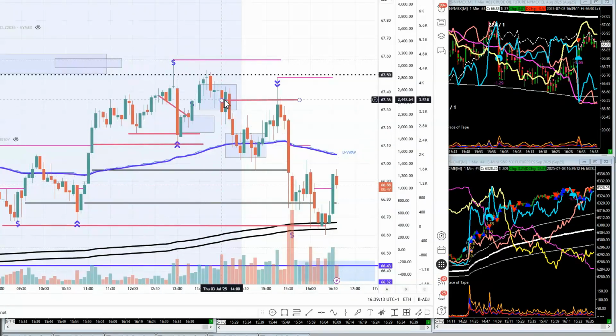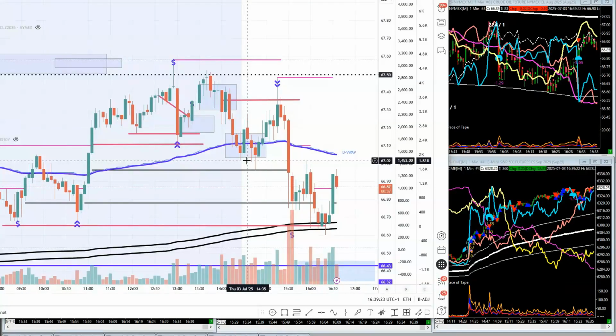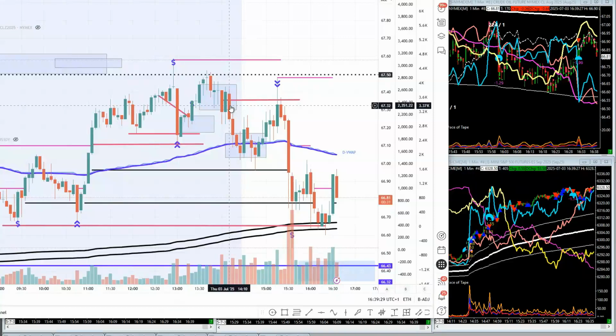And who's the guy that's trapped when the price breaks south? Is it the sellers or the buyers? Well, of course, it's the buyers that are trapped. And if the buyers are trapped and you offer them an out, what are they going to do?